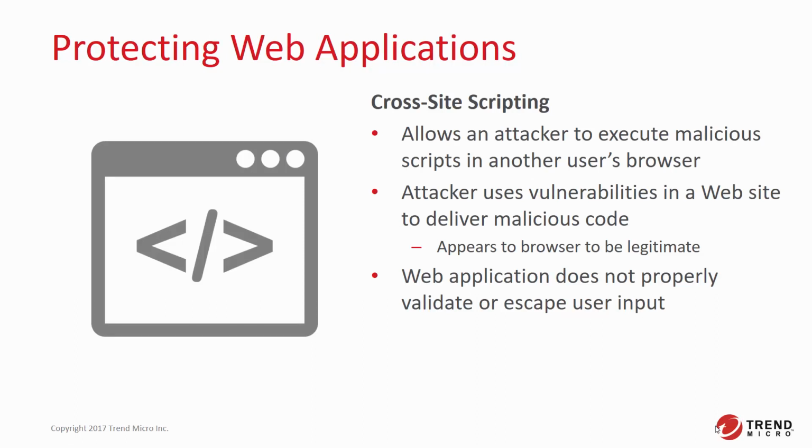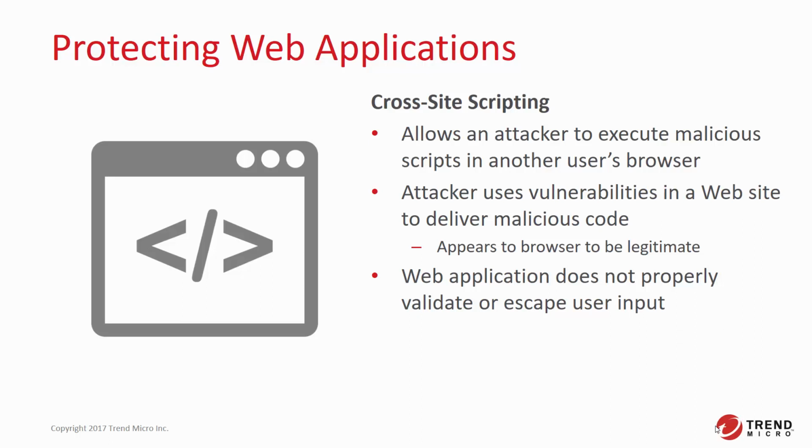Two of the most common application layer attacks are SQL injection and cross-site scripting. Cross-site scripting and SQL injection rules intercept the majority of attacks by default, but you may need to adjust the drop score for specific resources if they are causing false positives. Cross-site scripting is a code injection attack that allows an attacker to execute malicious scripts in another user's browser.